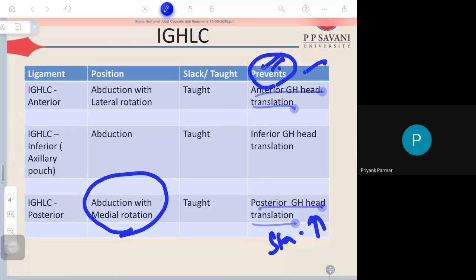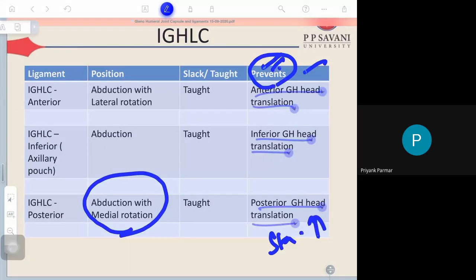Clear? And simple abduction, where you're not doing internal rotation or external rotation. Simply when you are doing abduction, the inferior glenohumeral ligament, otherwise called the axillary pouch, as I have already told, will become taut. Both the anterior and posterior will be slightly tensed, but comparatively lax. Inferior will be taut and it will prevent inferior glenohumeral head translation.